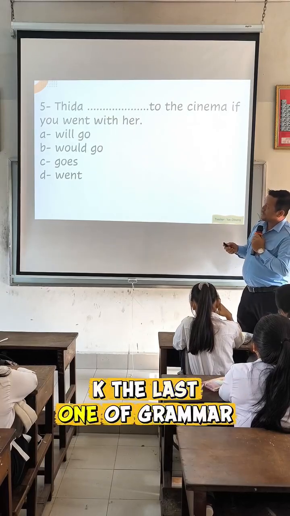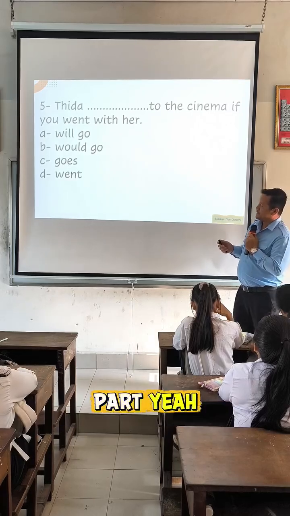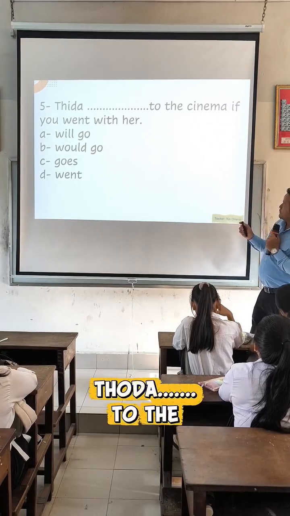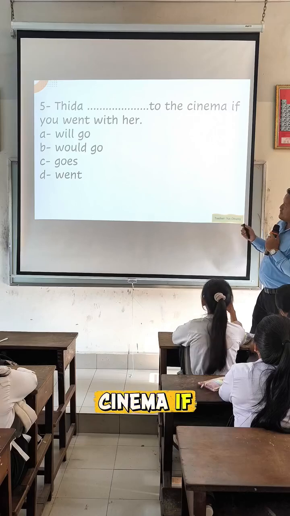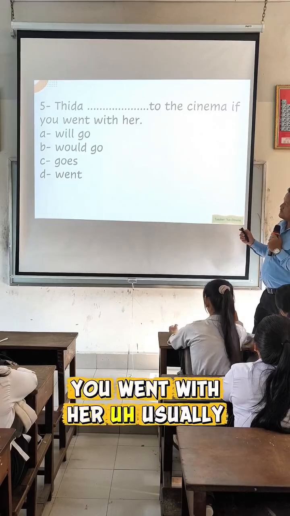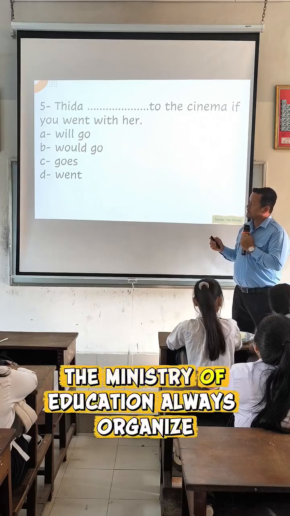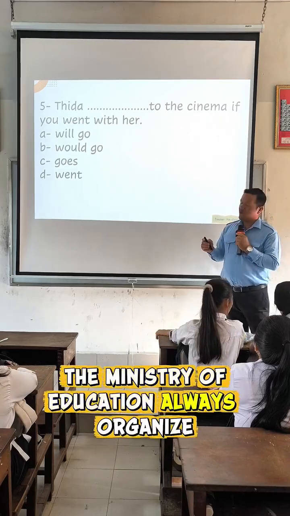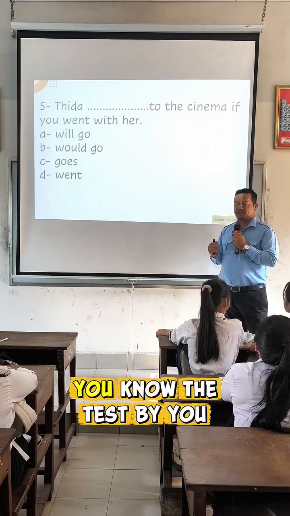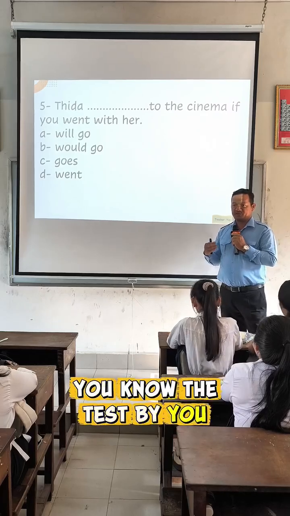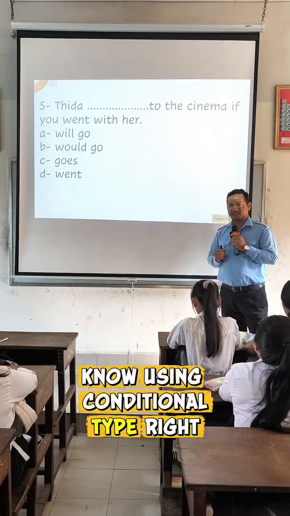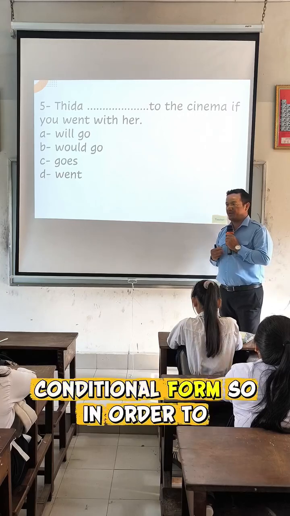Okay, the last one in our grammar part. Tida to the cinema if you went with her. Usually in question number 5, the Ministry of Education always organizes the test using the conditional form.